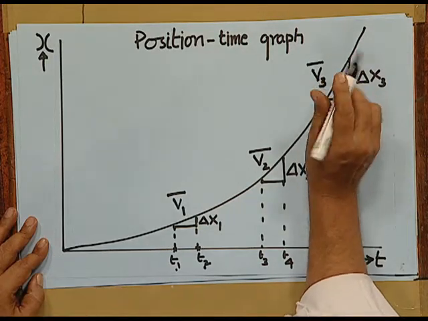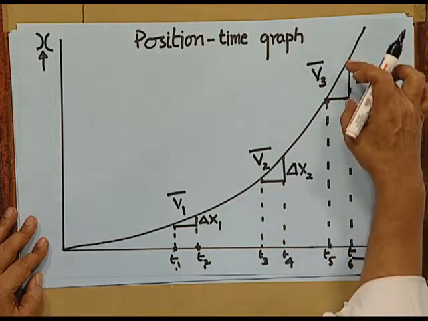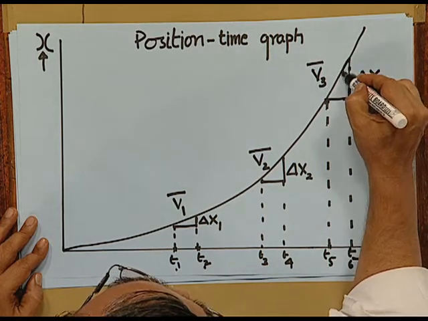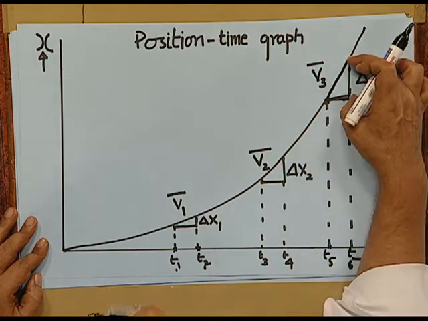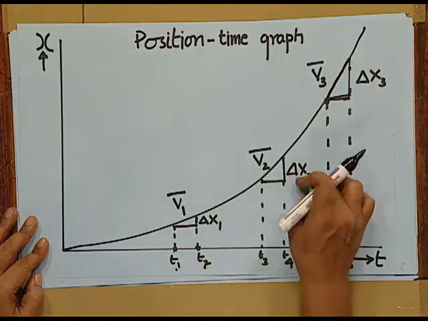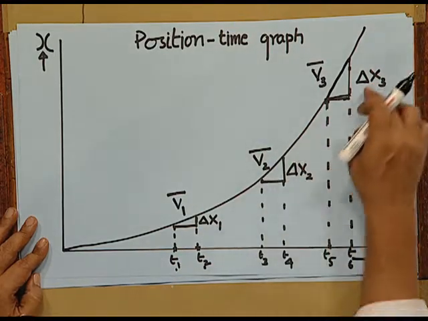Each one of them is different because the slopes are different. If you take this triangle having the same base, the heights are different. Heights keep changing with time, that is delta x1, delta x2, delta x3 are increasing for the same interval of time, but at different timings.